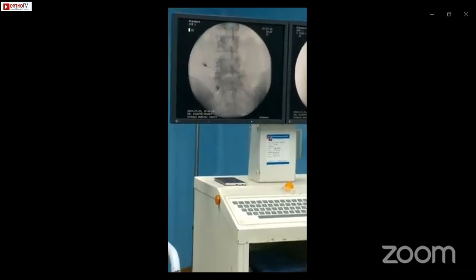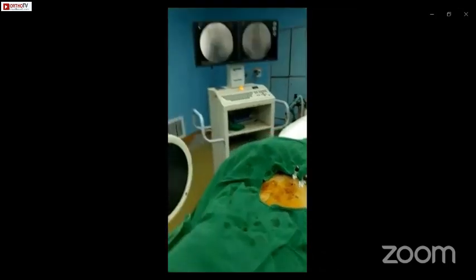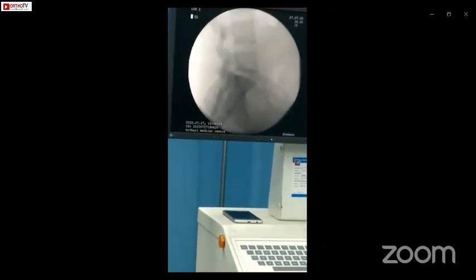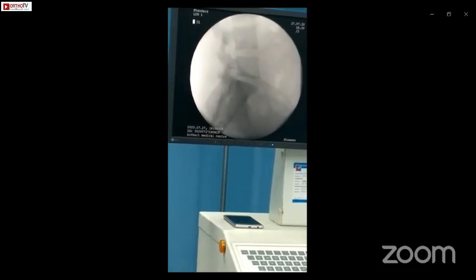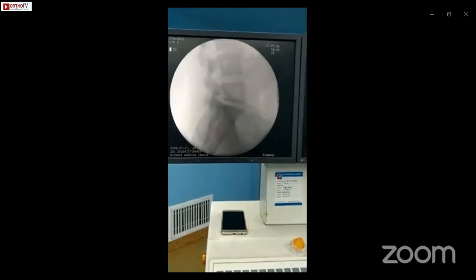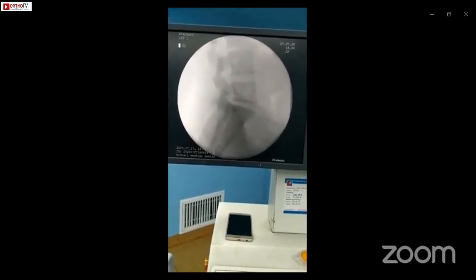So that's the foramen. Now I take a lateral shot. You can see the needle has gone into the sacral foramen and it is just touching the posterior aspect of S2.